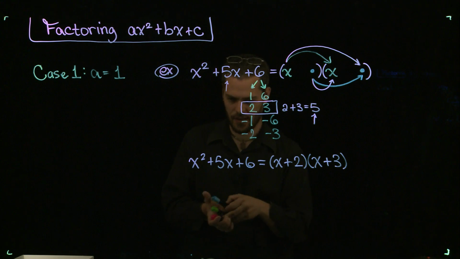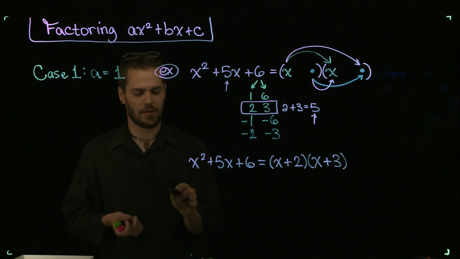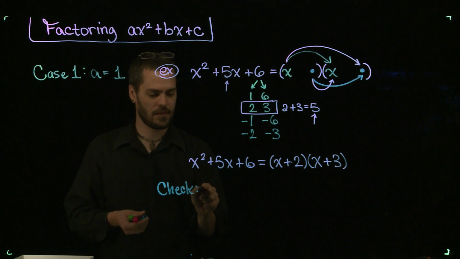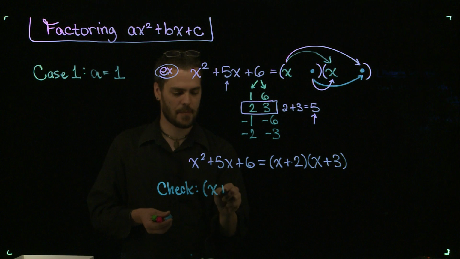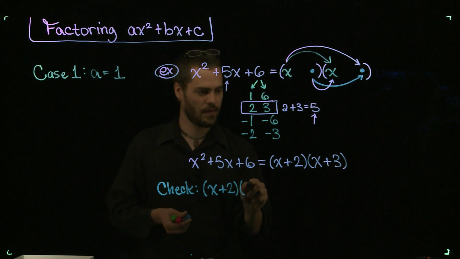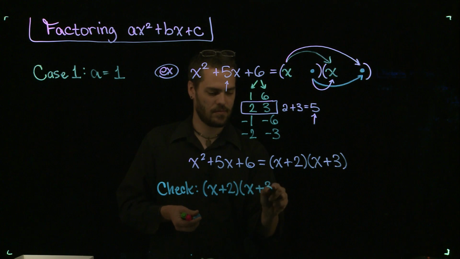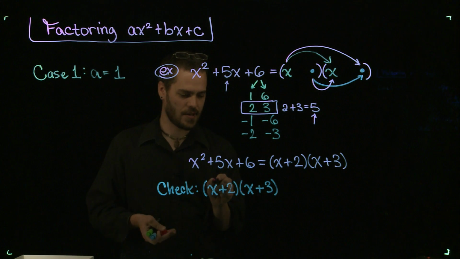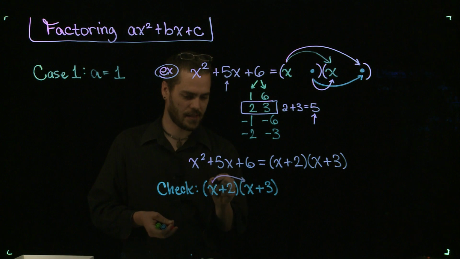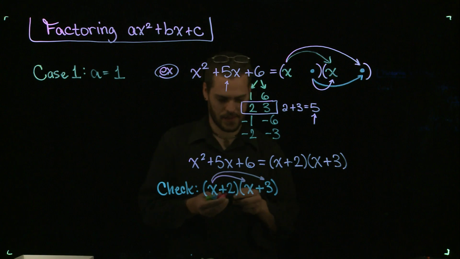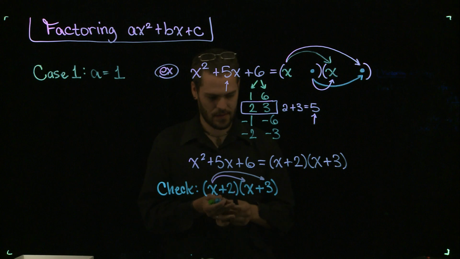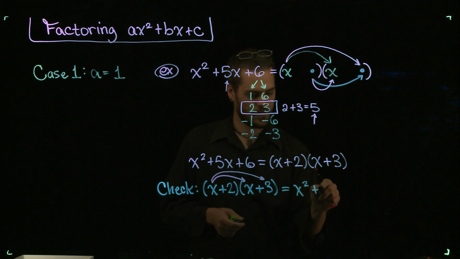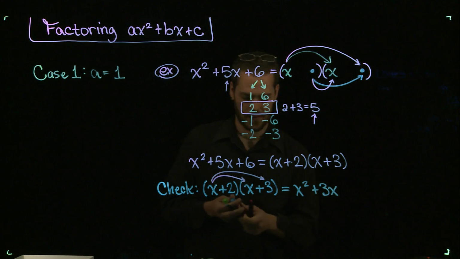So let us check our result real quick by remultiplying. We're going to start with the factors, and multiply these out to see if indeed we get that original trinomial. So we've got x times x and x times 3 to start. So that gives me x squared plus 3x.